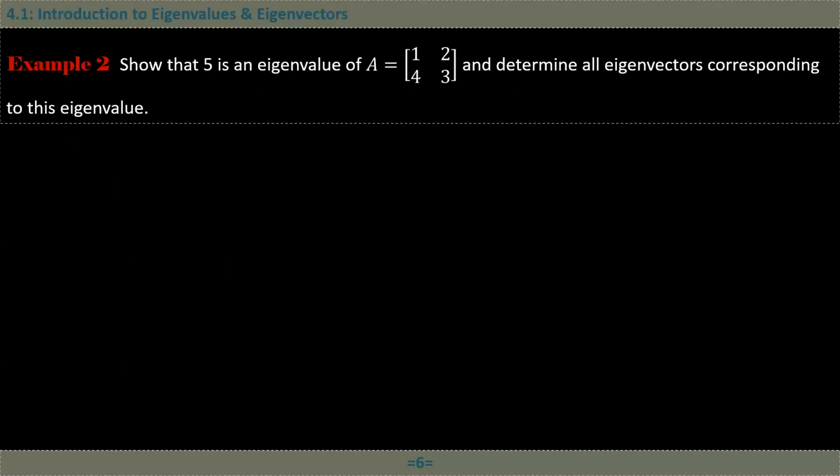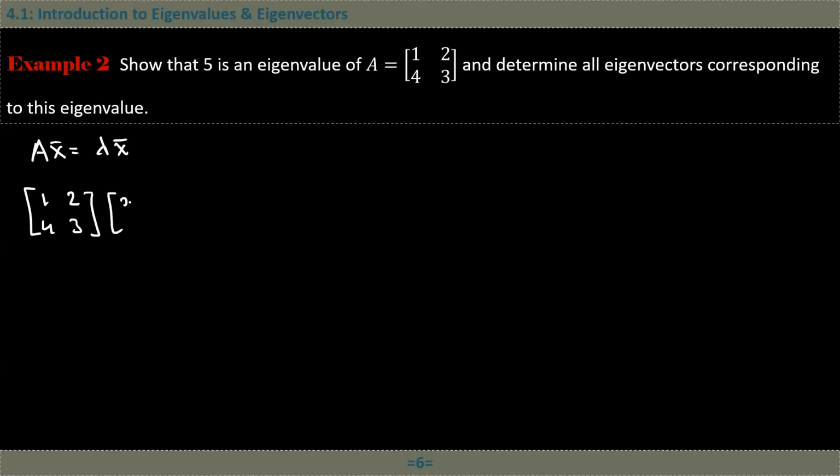This is one simple example. In the other example, example 2, it says show that 5 is an eigenvalue of this matrix and determine all eigenvectors corresponding to this eigenvalue. But here, we are given that Ax is equal to lambda x, right? So here A is given, A is 1, 2, 4, 3, and x, I don't know.